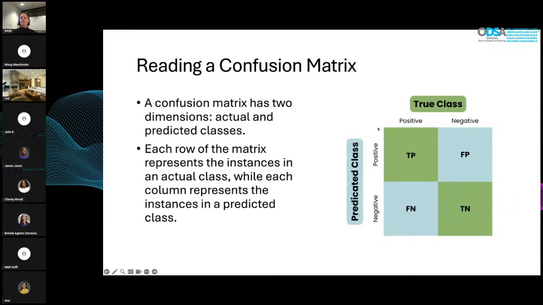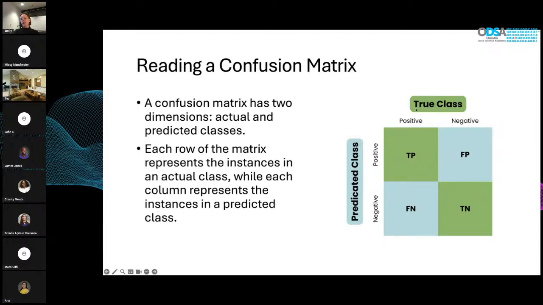So taking all of those that we learned, we can put those together and create something called a confusion matrix, which represents the counts of outcomes of each of those classes. There are two dimensions, kind of an X and a Y axis, to our confusion matrix.